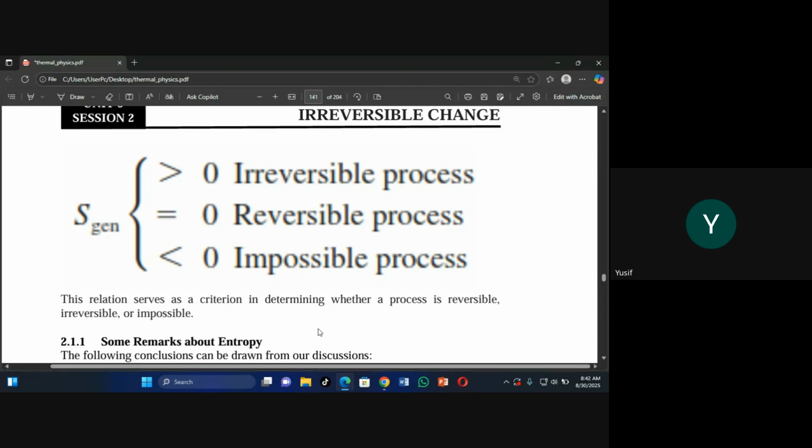I hope this makes sense. This is a summary of all what we've said so far. Does this make sense, please? Okay. This relation serves as a criterion in determining whether a process is reversible, irreversible, or impossible.